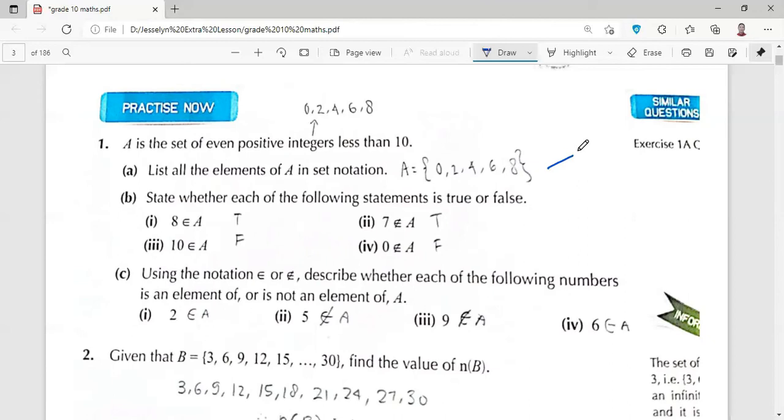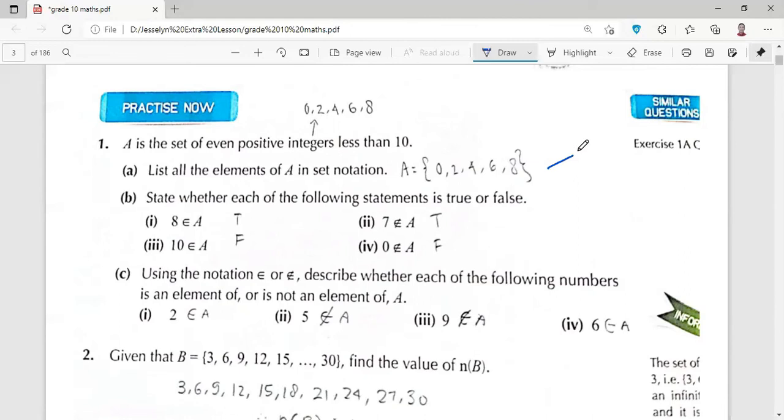Okay, Jesseline, I would like to ask you, for number 1, do you think the sets are all correct when we speak about letter A? List all elements of A in the set notation. I just realized it's wrong because 0 is not positive. Yes, correct, because 0 is neither positive nor negative.